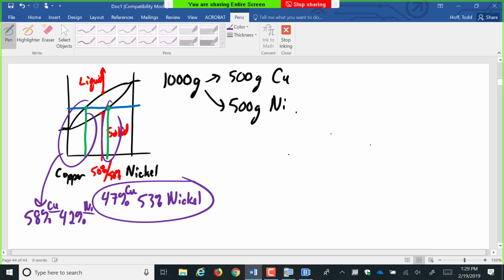So to figure out how much solid and how much liquid we have, we have to look at the amounts of each alloy, each element here. So let's let the X be the amount of liquid and Y be the amount of solid.